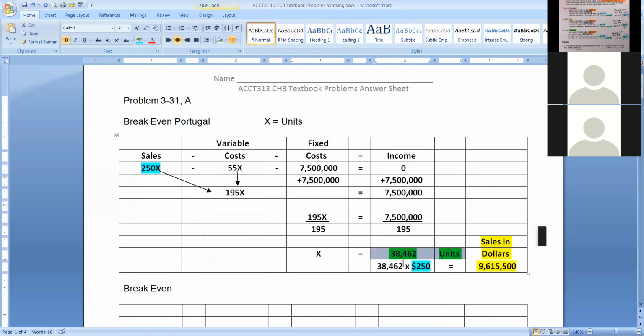So these are the sales in units, 38,462. And for the dollar sales, this is how many units we sold and this is the selling price per unit. So you just multiply them, and this would be the dollar sales.